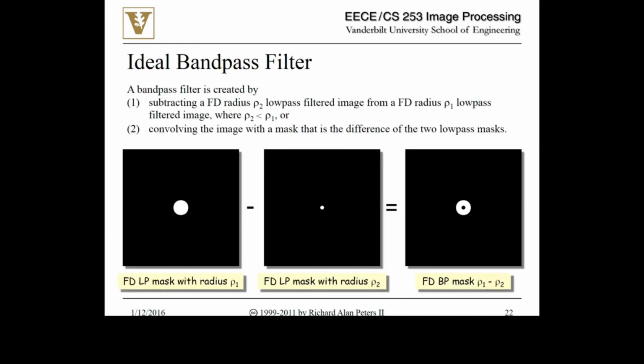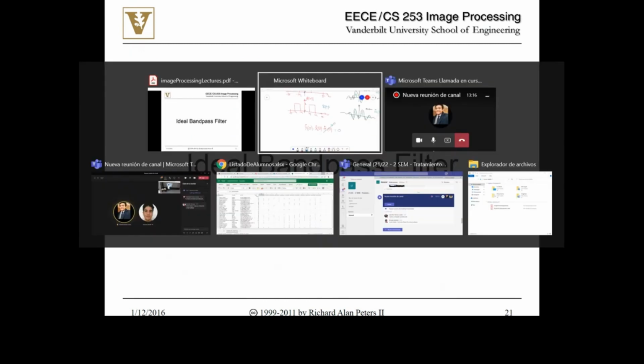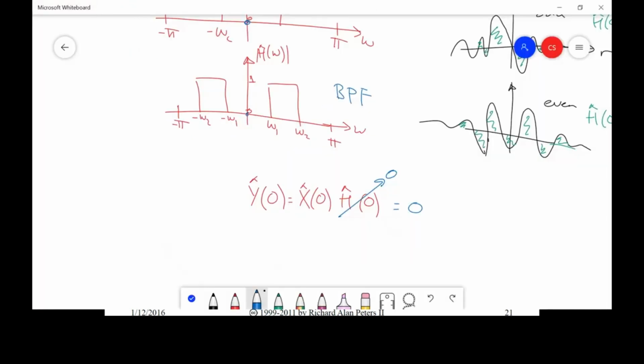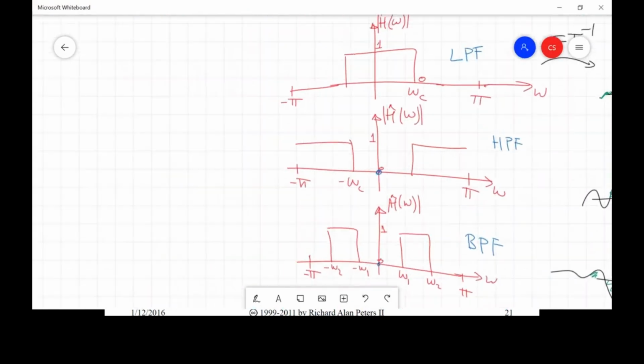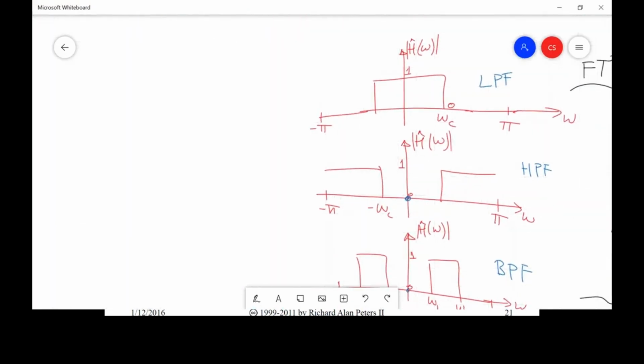Okay, ideal band pass. So the ideal band pass, yeah, how to construct it, this is interesting. Okay, so let's say that you have a low-pass filter and you want to construct a high-pass filter. Okay, so let us write that.